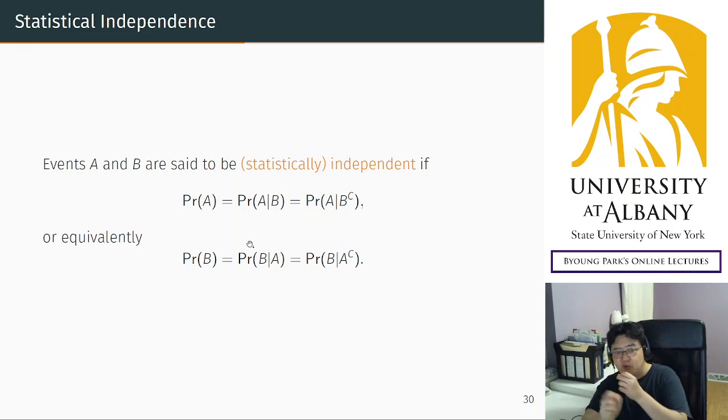You may switch the roles of A and B. Probability of B is the same no matter what happened to A, even if it's unknown or happened or not. This is the definition of statistical independence. So two events do not affect each other; they are the same, no matter what the other one is doing.